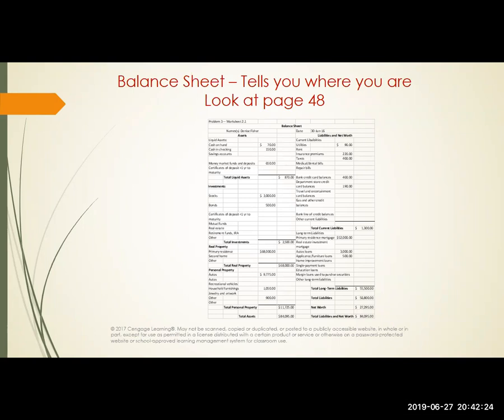Again, the difference between what you own, your assets of $84,095, and what you owe, your liabilities of $56,800, is your net worth, $27,295. So this is on page 48. This is exactly the model that you will use to create your own balance sheet.